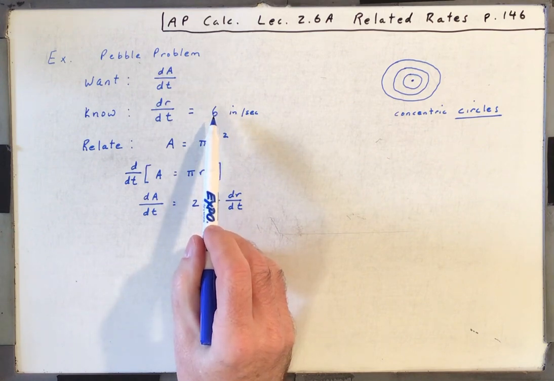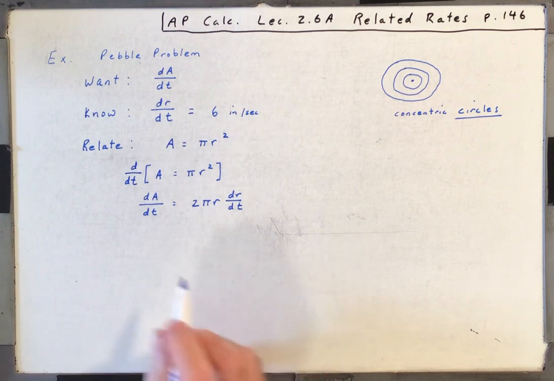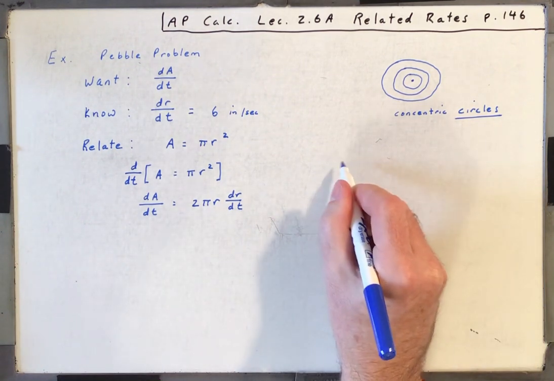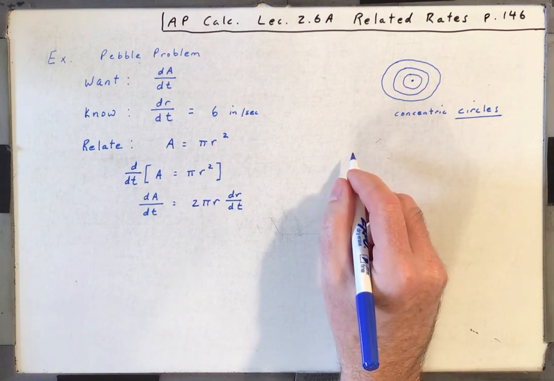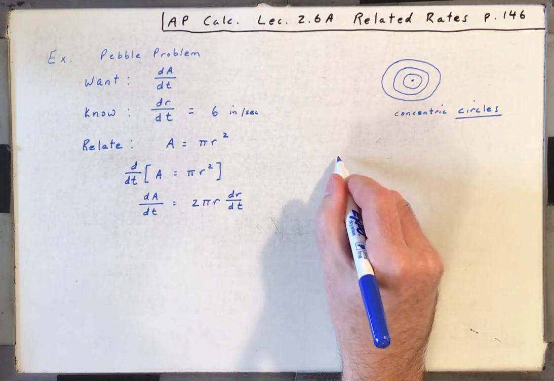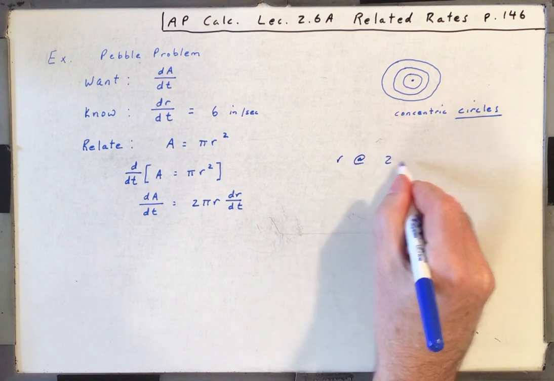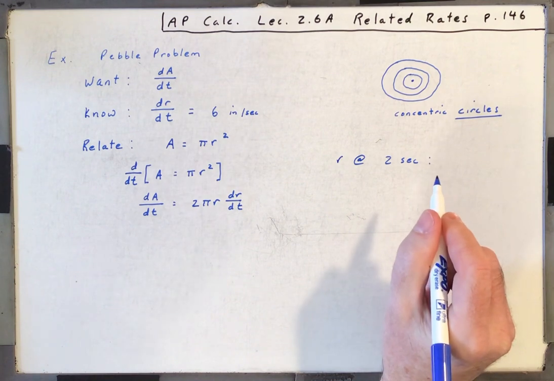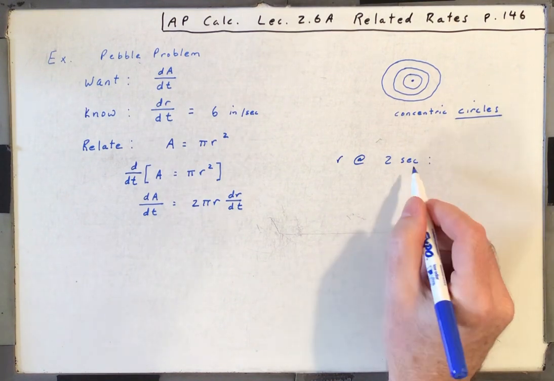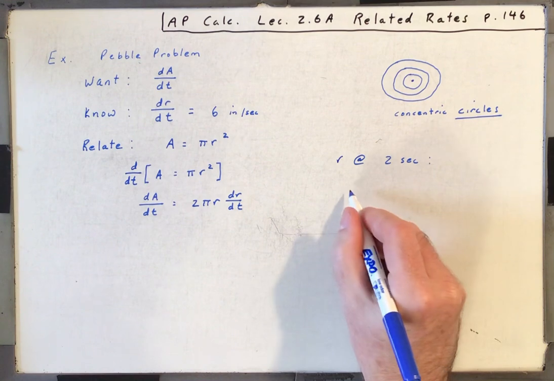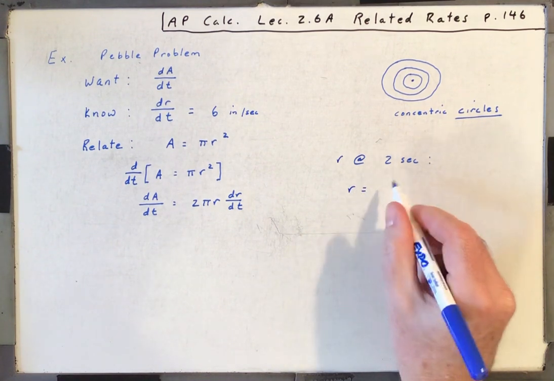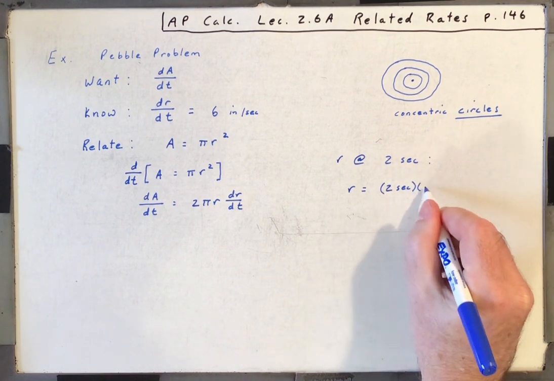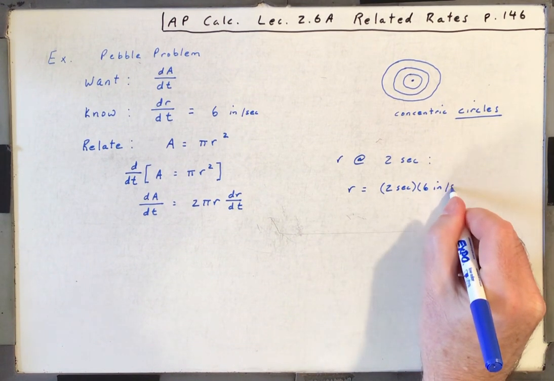Now, we also know another important piece of information, and that's the radius at 2 seconds. We know that the radius is increasing at a rate of 6 inches per second. So the radius is going to be 2 seconds times 6 inches per second.